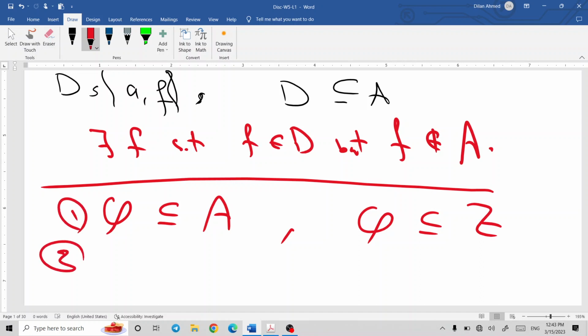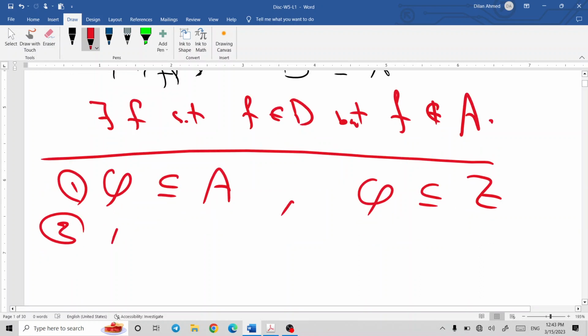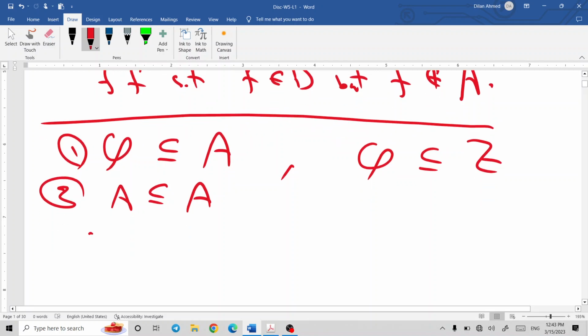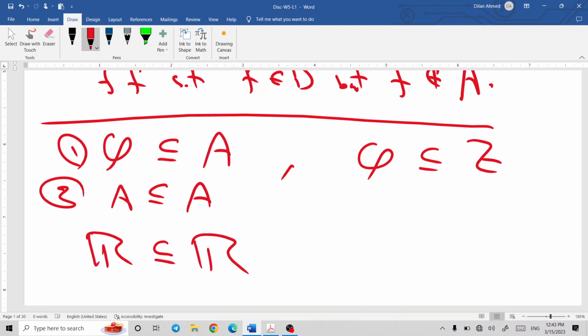The second fact: each set is a subset of itself. For example, bring the real numbers. Real numbers are a subset of itself. Am I right? Why? Because each element here is there, so that satisfies the definition.